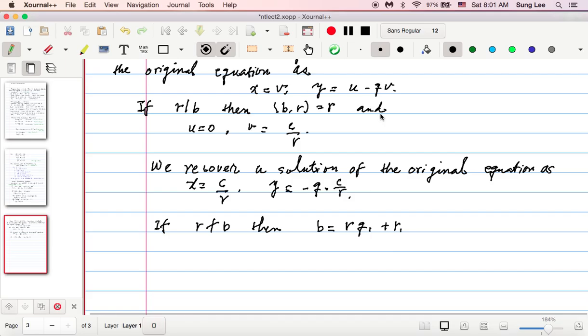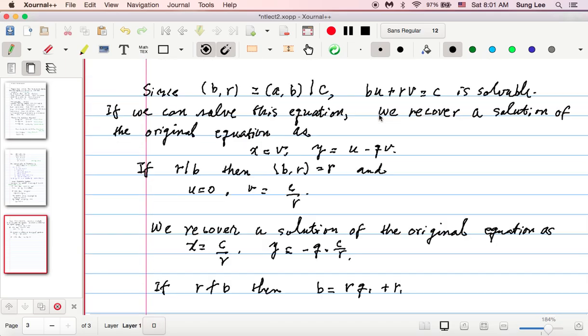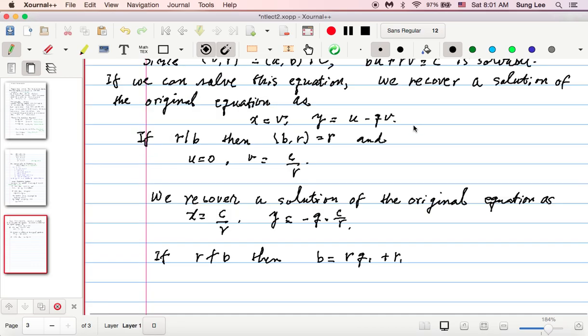By replacing b in the equation bu plus rv equals c, or substituting this into this equation, we obtain r q1 plus r1 times u plus rv equals c.